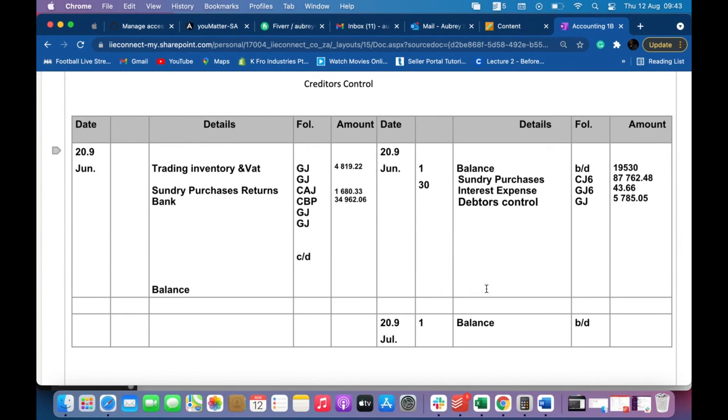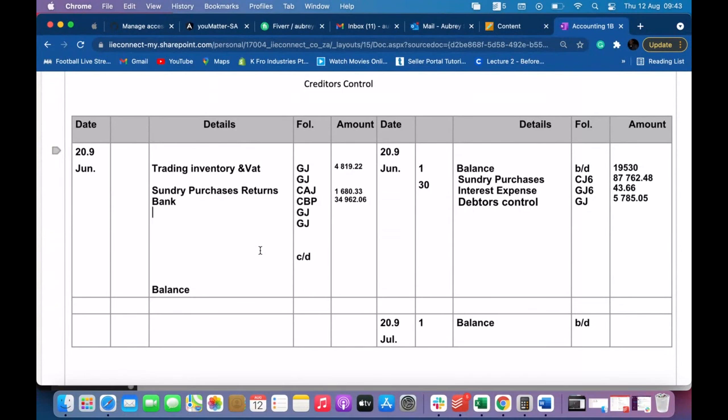Then the last transaction, you have the opposite now. It says credit account balance in the creditors' ledger to account in debtors' ledger. So to reverse that, you're saying it has a credit balance in the creditors' ledger.